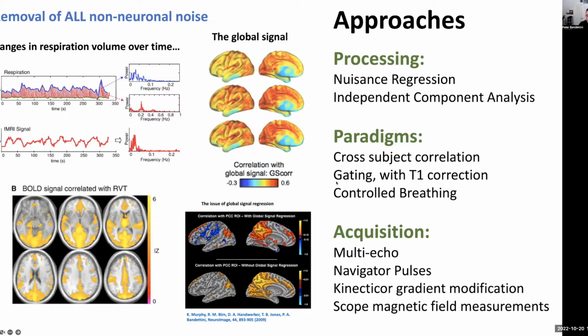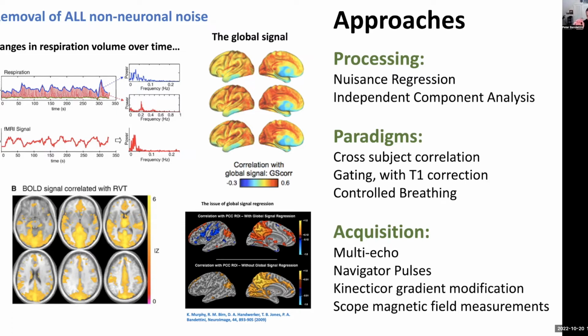Gating certainly originated at MGH, actually, with Alex Gamera. At the very base of the brain, those structures move a lot, especially if you're doing, for instance, auditory stimulation. It's not only the signal intensity changing, but the structure moving around.